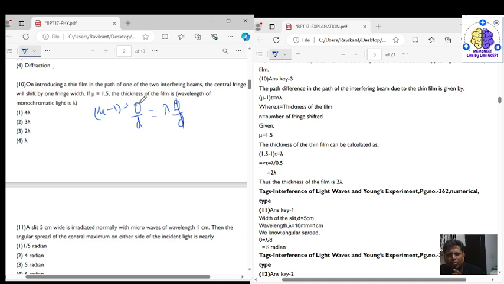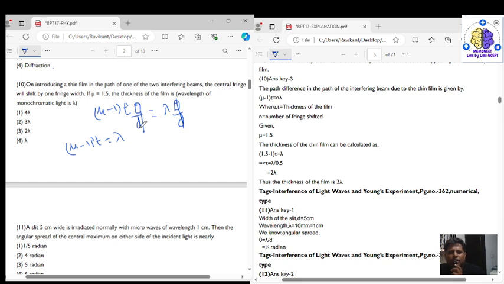So this lambda D by d cancels out with this D by d, and we are left with (mu minus 1) t equals lambda, right?